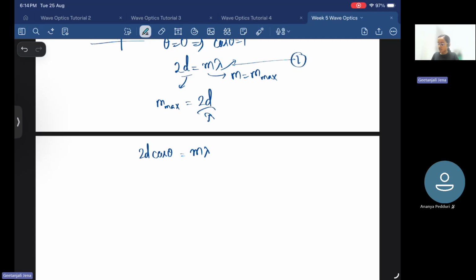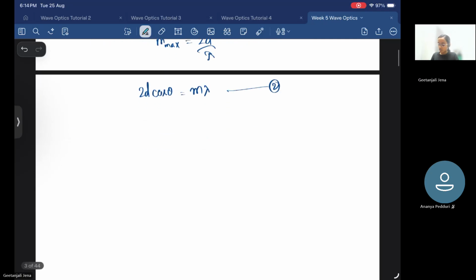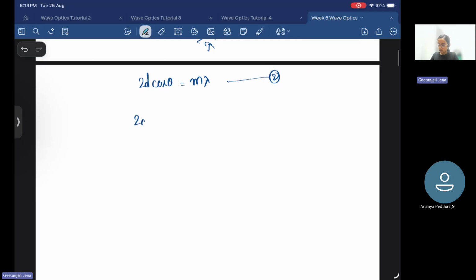If you subtract these two, we easily get the relation 2D times 1 minus cos theta equal to m max minus m, times lambda, which we take as p lambda.